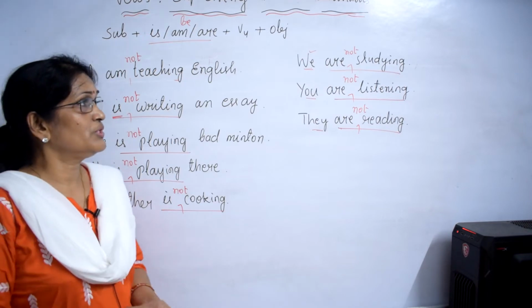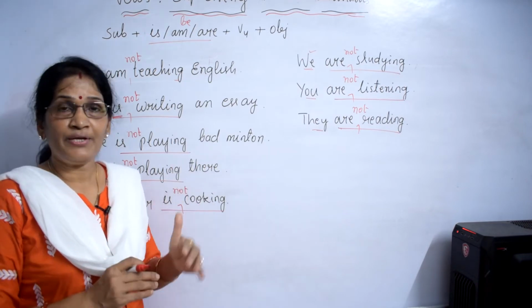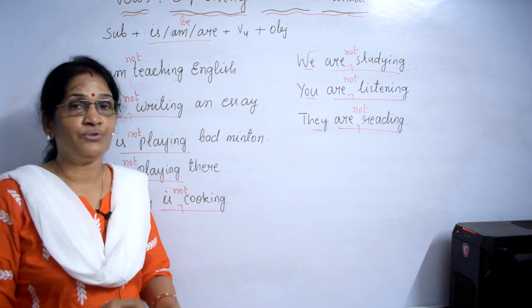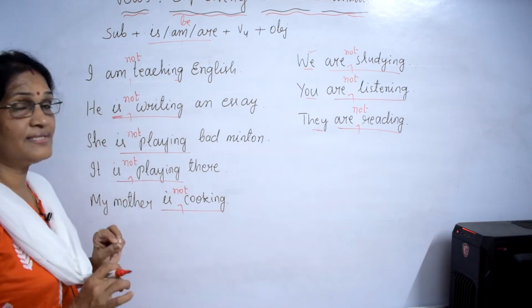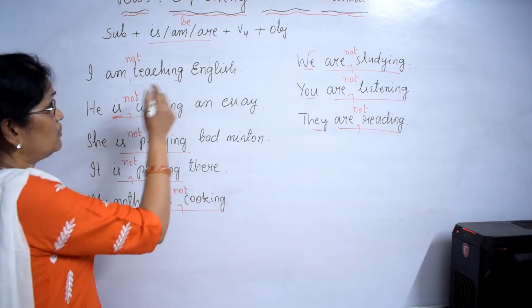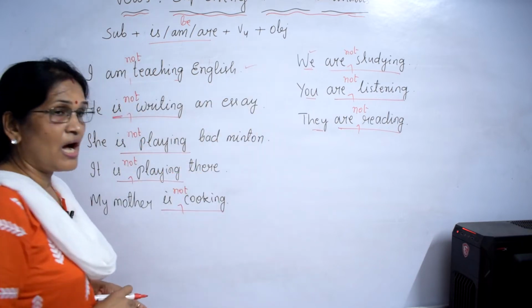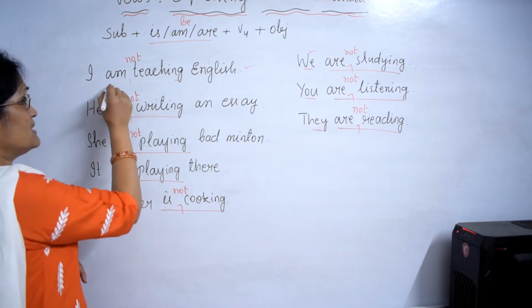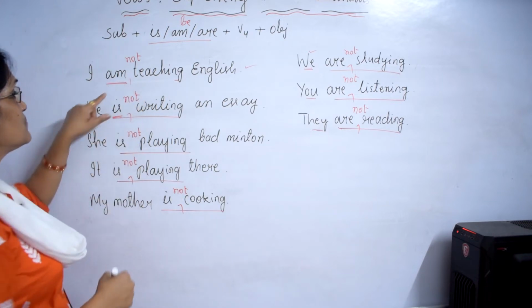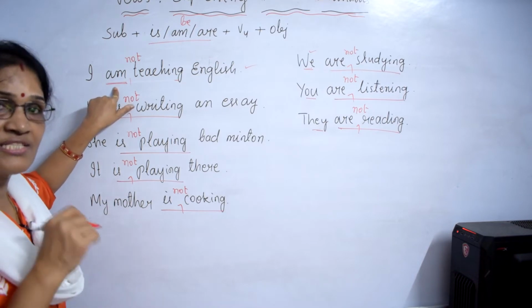Then how to write or change a sentence into interrogative. Suppose the sentence is I am teaching English. How to change the sentence into interrogative? You have seen, you have known this is the main verb and the auxiliary verb.